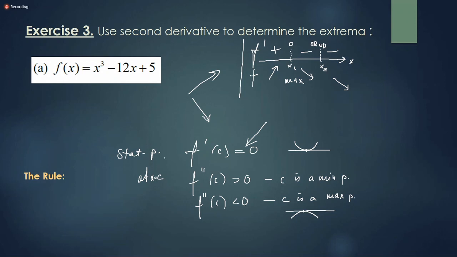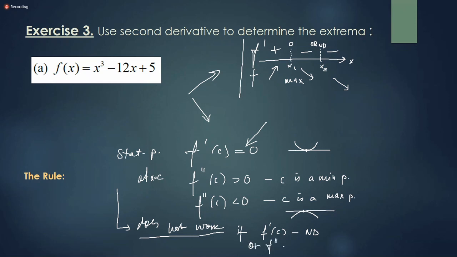But there's a problem with this. This does not work if the first derivative is not defined at this point. So it might be a spiky critical point, but definitely not a horizontal tangent line.